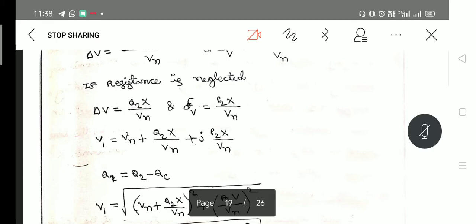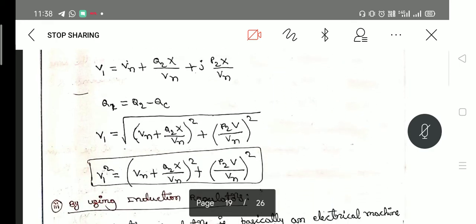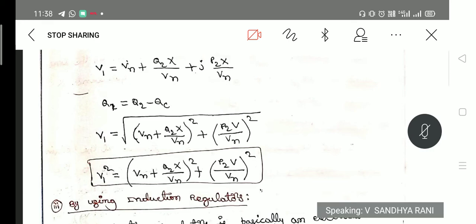From this, V1 is equal to Vn plus Q2X by Vn plus j P2X by Vn. Taking the RMS voltage, V1 is equal to the square root of (Vn plus Q2X by Vn) whole square plus (P2X by Vn) whole square. Cancelling the root, V1 square is equal to (Vn plus Q2X by Vn) whole square plus (P2X by Vn) whole square. This is the formula for V1 square.